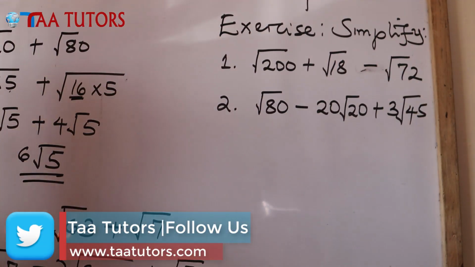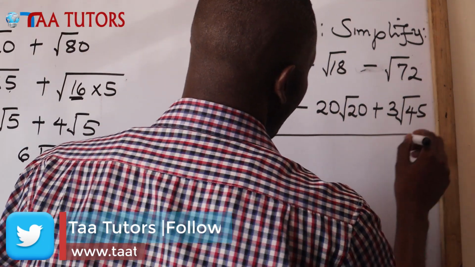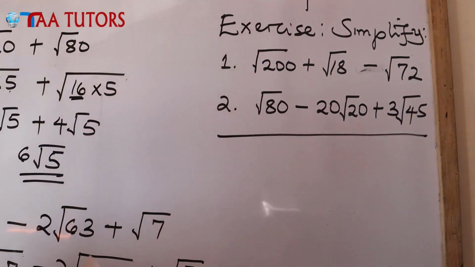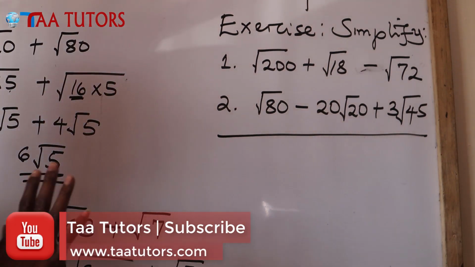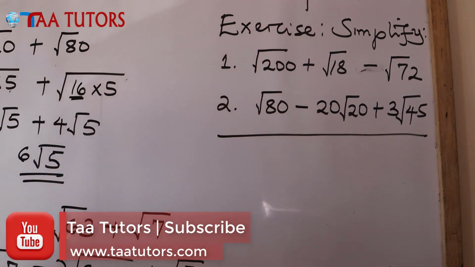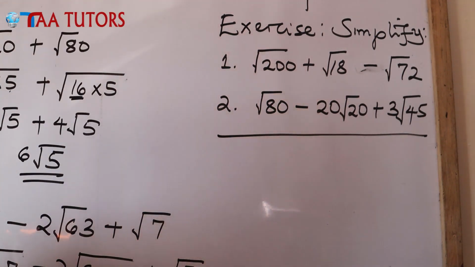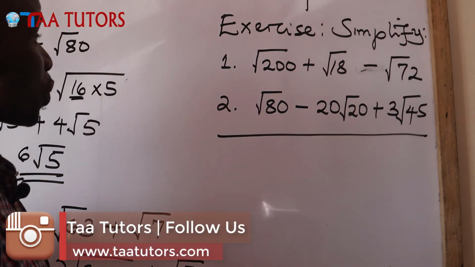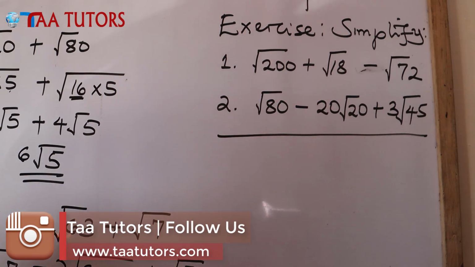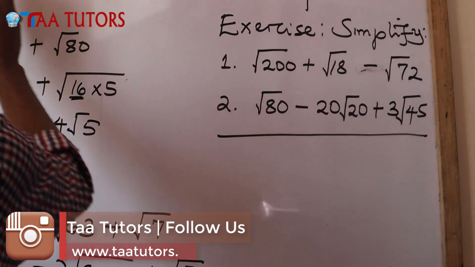So viewer, try these two questions and see if you have understood what lessons we have taught today. And if you have any problem, please be sure to contact us so that we can be able to help you. Now I want us to go to another area, which is multiplication of surds.